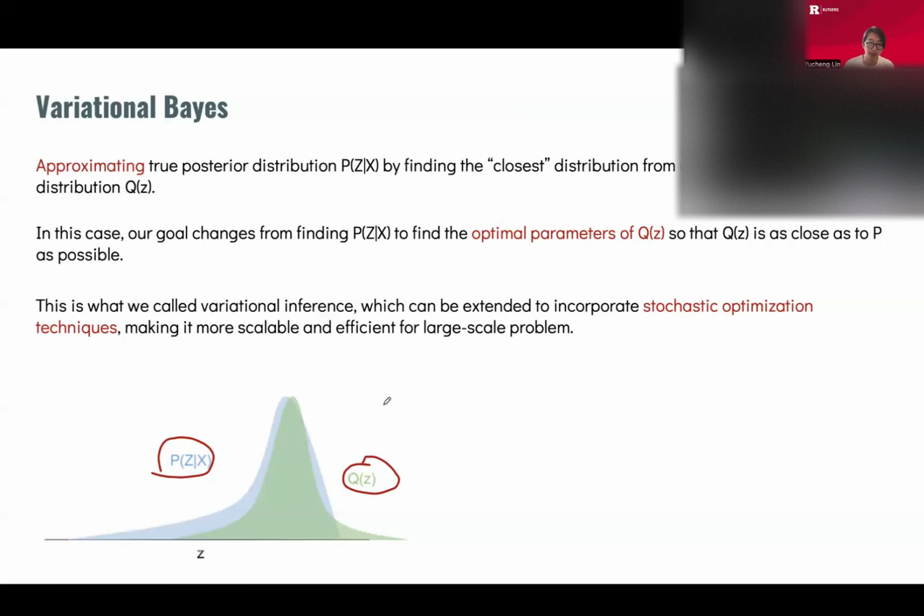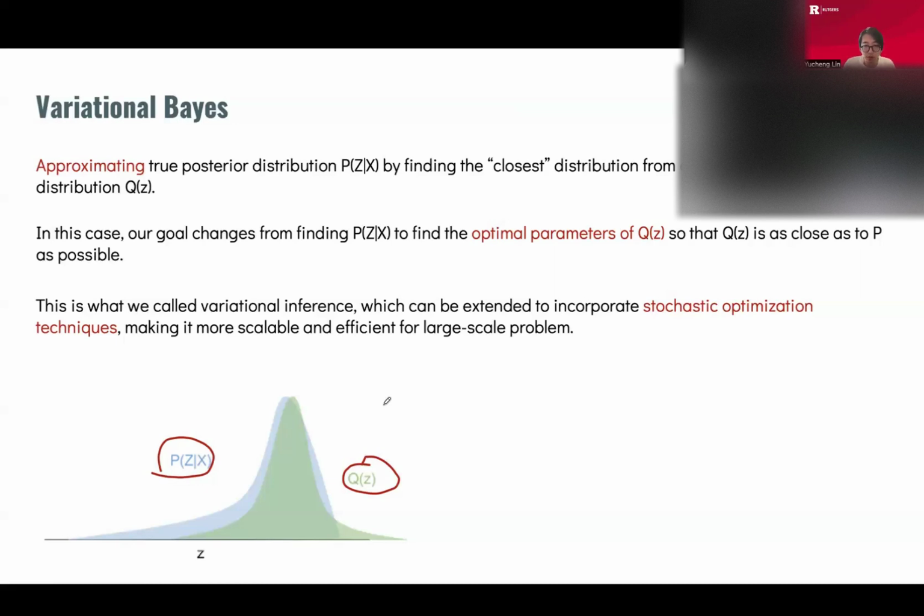So in this case, our goal is transformed from sampling posterior samples to optimizing the parameters for this q(z). So this q(z) can be used as an approximation for this true posterior distribution. This is what we call variational Bayes.